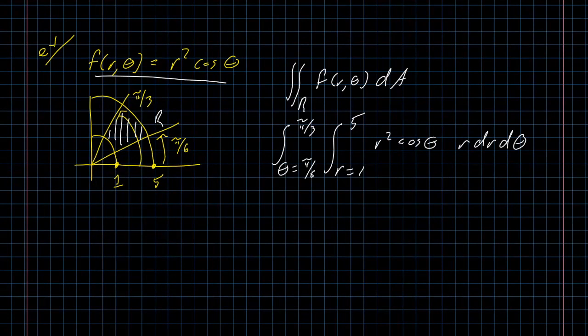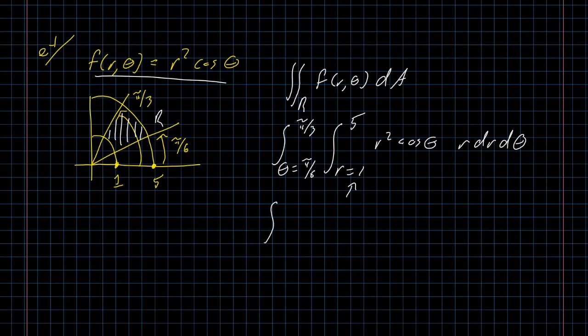For this problem, I'm going to do something that I haven't done previously. Because r is completely independent of theta, my inside limit of integration does not have theta appearing in either the lower or upper limit of integration. Because of that, I can actually split this up.